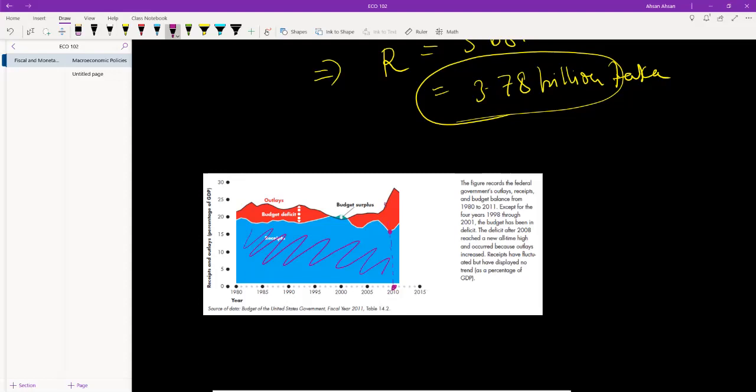And if we keep going up, this is how much the expenditure was. And so the red area shows us the budget deficit of each year. And if you look very carefully, you see that there was one year, in 2001 if I'm not mistaken, when the US government had a budget surplus, which means that their revenue was higher than their expenditure. Otherwise, the government tends to operate on a deficit.